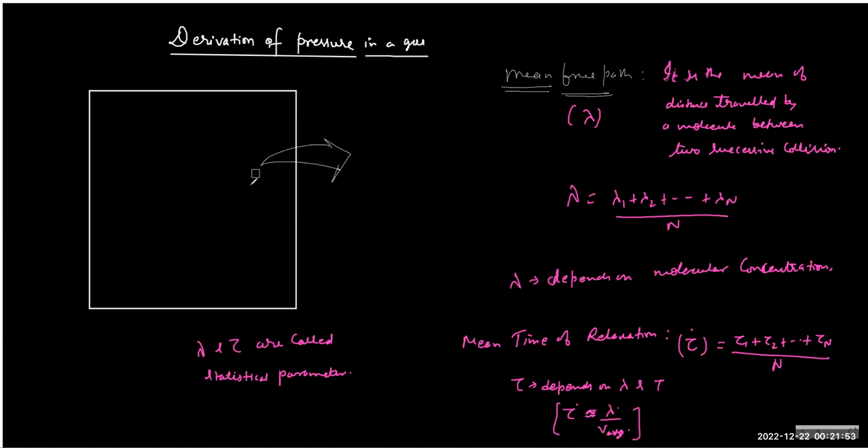Now, what I was saying is that out of the big container, you take out an elementary volume and think of the elementary volume as a cube. So I have taken the elementary volume such that L is less than lambda.